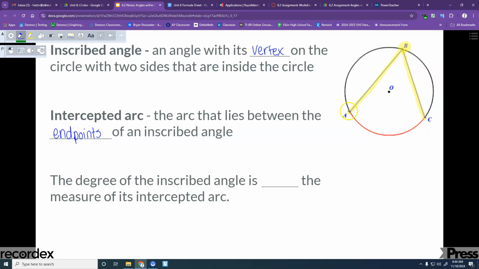But it's talking about from A to C here. So if you want to mark that there, we could label it here. This would be my inscribed angle. And then this right here is my intercepted arc.